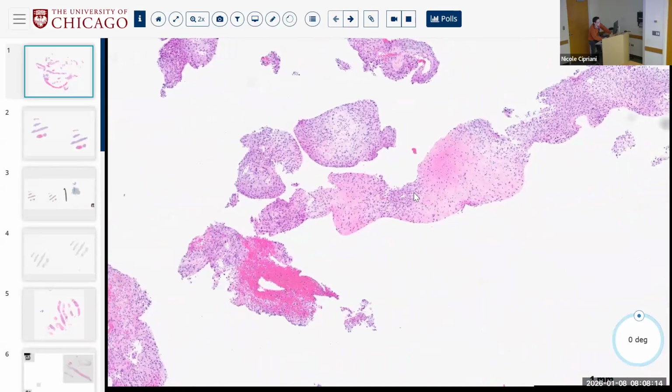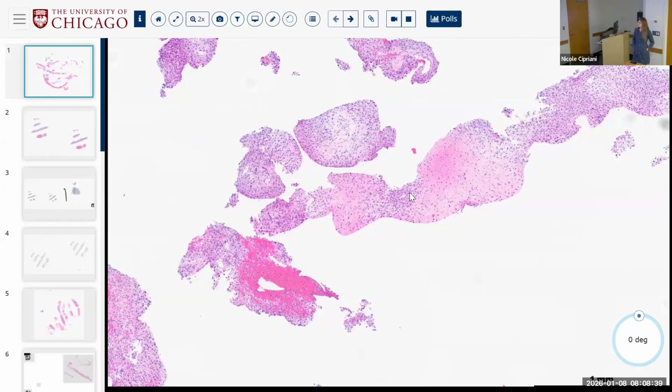Thank you. So basically a malignant spindled neoplasm with a myxoid to vacuolated appearance, with some hemorrhage and hemosiderin and no overt pattern in terms of the layout of the cells, patternless, and question mark a fatty differentiation.